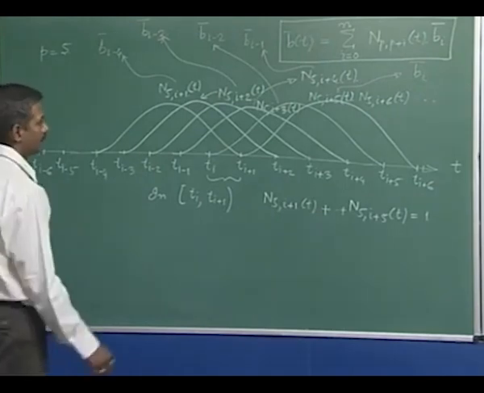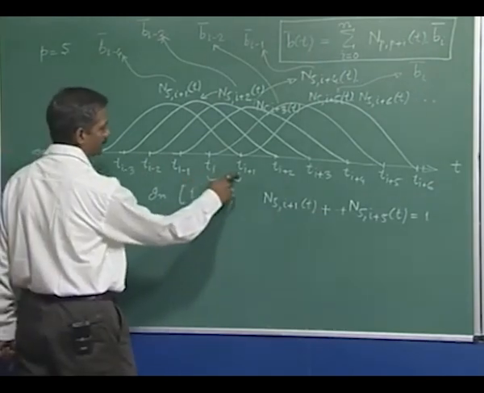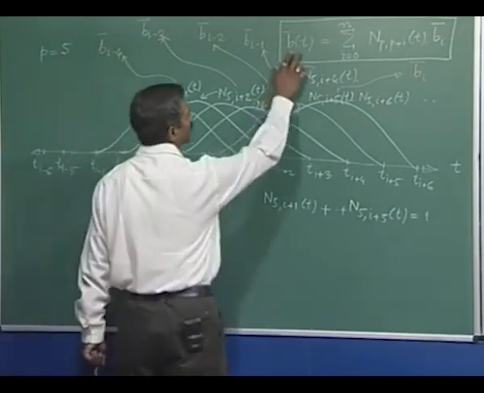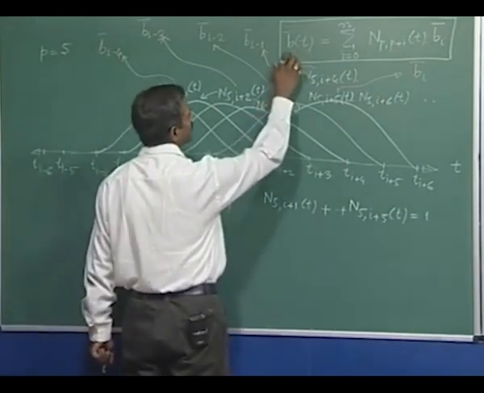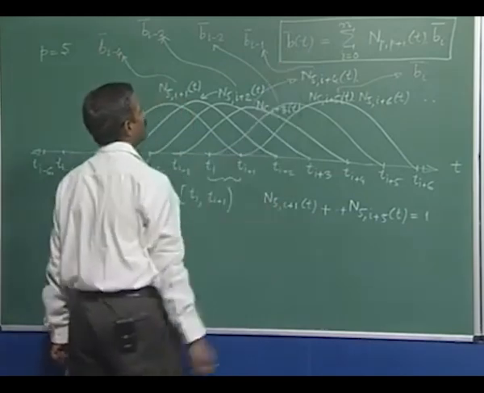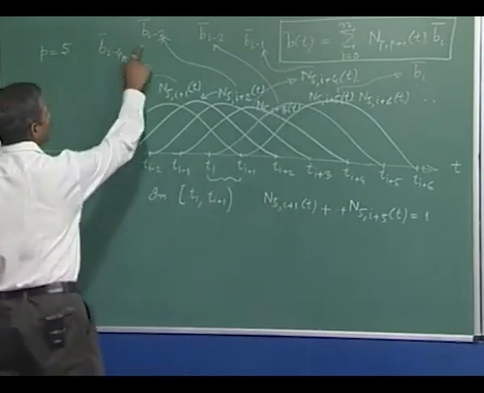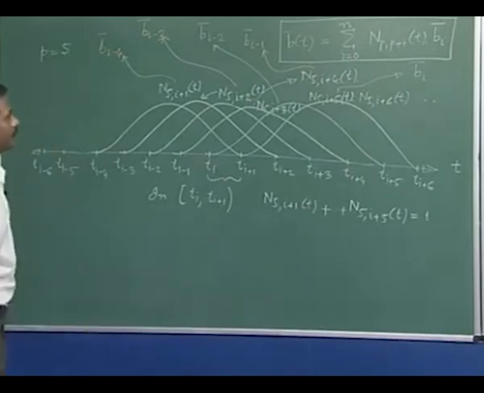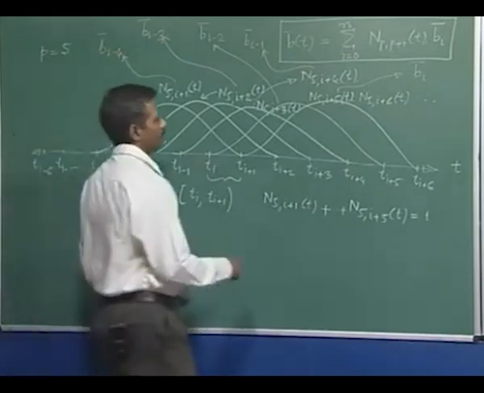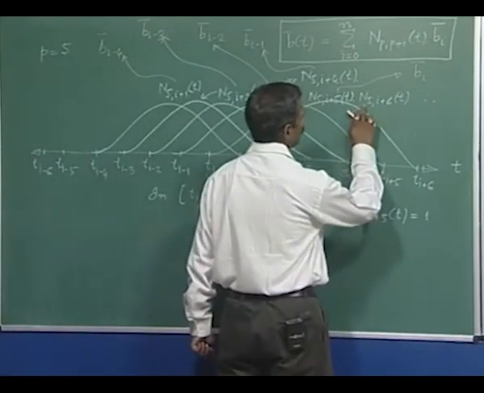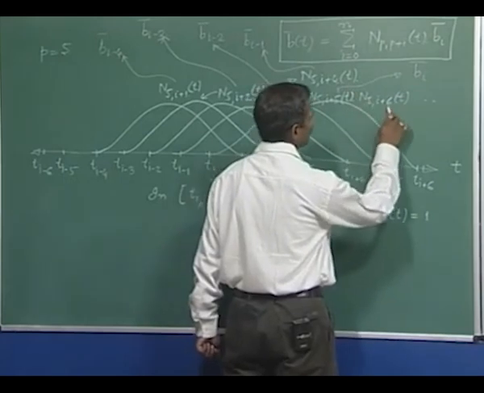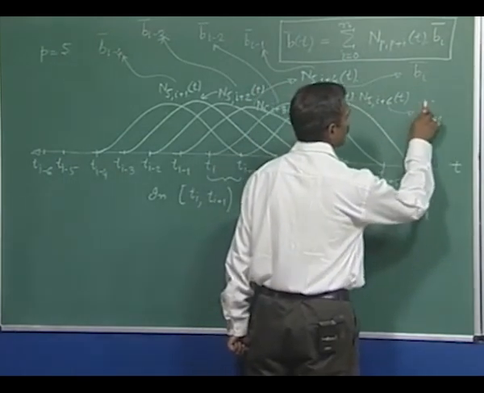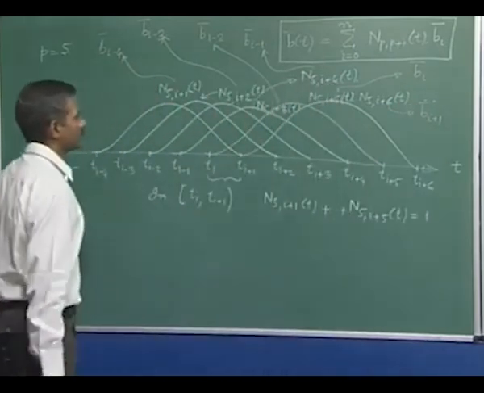In a sense, for values of t in between ti and ti plus 1, a part of the segment of b of t will be lying within the convex hull defined by these 5 points. Let's continue further. With N 5 i plus 6, we have the point b i plus 1 associated with it.